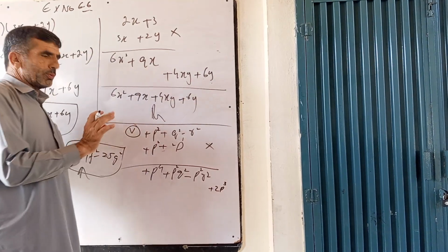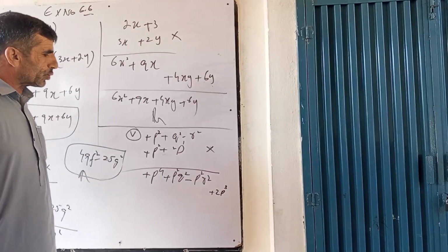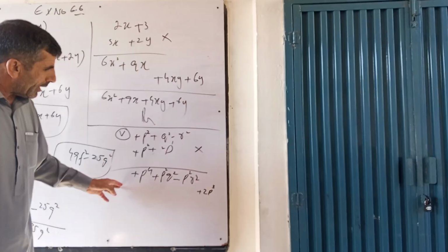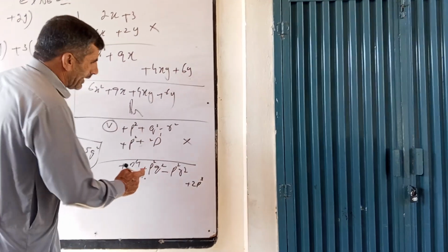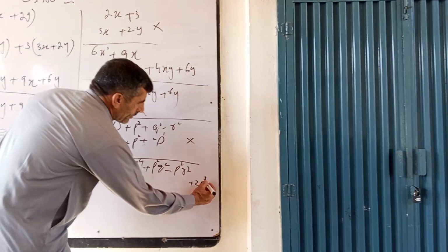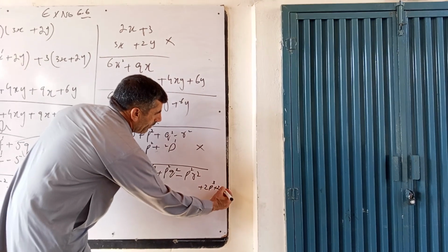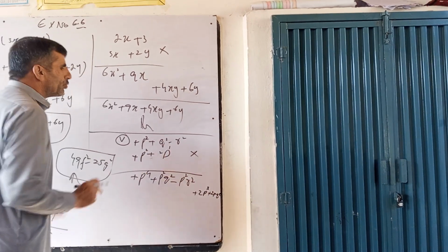Now plus and plus is equal to plus. So 2 times 1 is 2p q square. 2p q square is not present here, so I shall write it separately, in a separate space, which is equal to 2p q square. Now minus and plus is equal to minus.